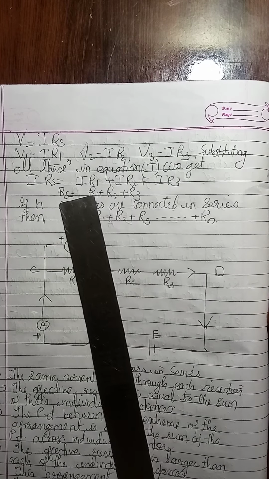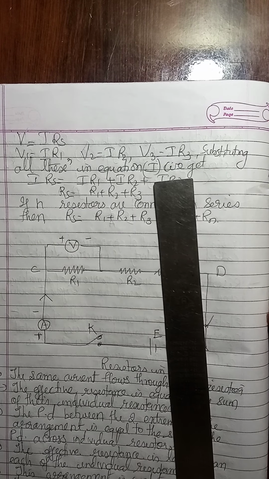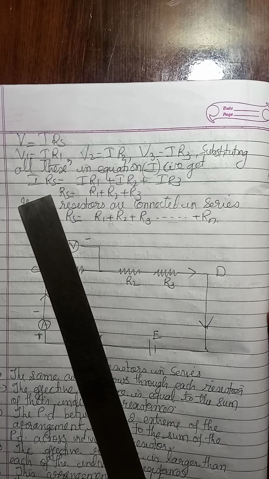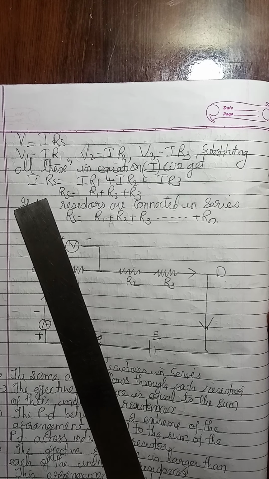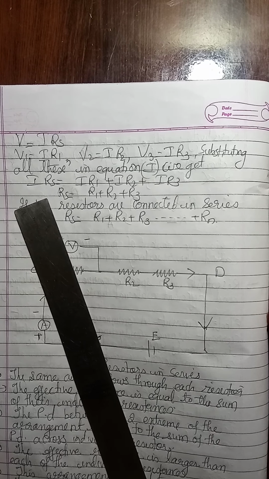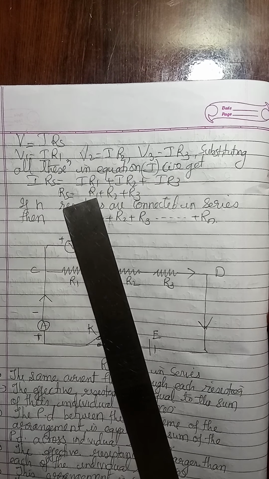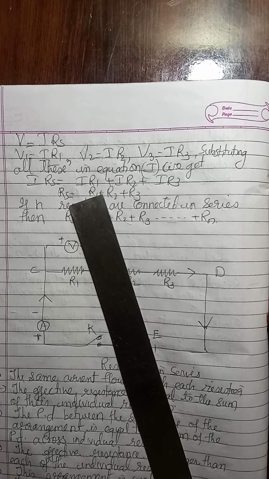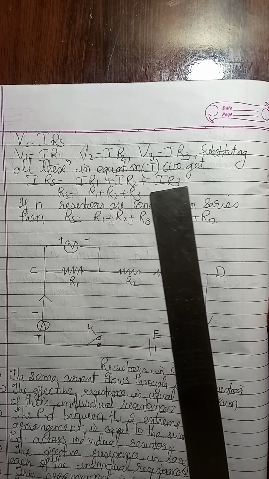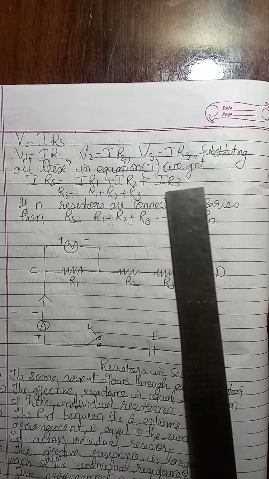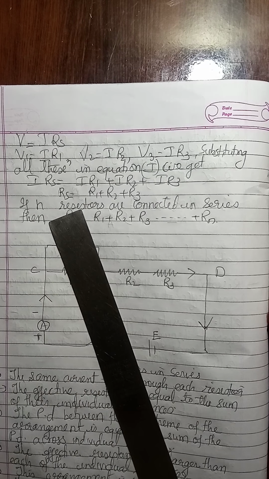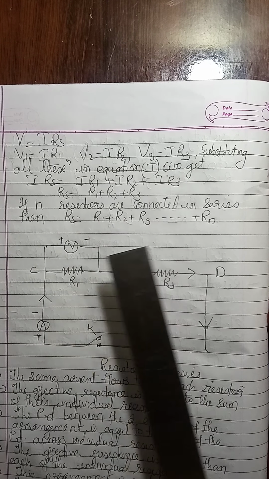Substituting the values in equation 1, we get I Rs equals IR1 plus IR2 plus IR3. Everywhere I is common, so dividing each term by I, we get Rs equals R1 plus R2 plus R3.